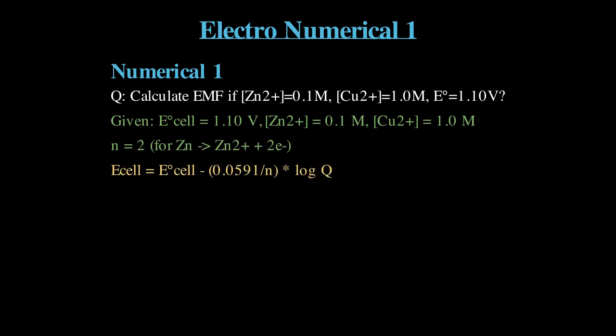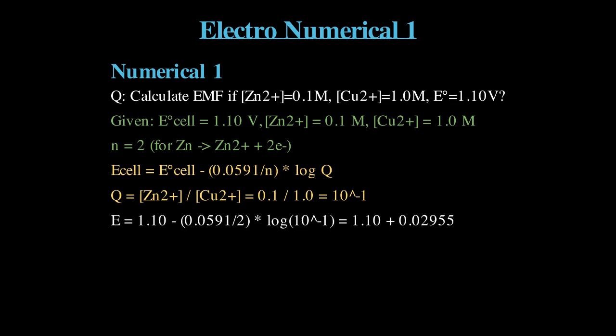Now, we apply the Nernst equation, E equals E0 minus 0.0591 by N times log Q. The reaction quotient, Q, is the concentration of zinc 2 plus divided by copper 2 plus. So, Q equals 0.1 divided by 1.0, which is 0.1, or 10 to the power of minus 1. Substituting into the equation, E equals 1.10 minus 0.0591 divided by 2 times log of 10 to the power minus 1.